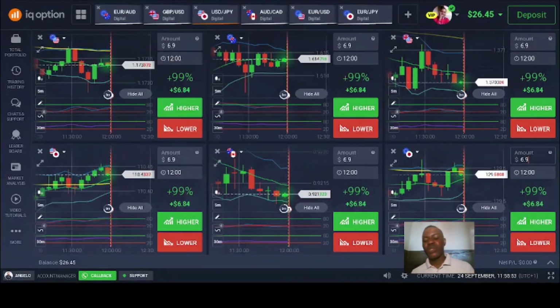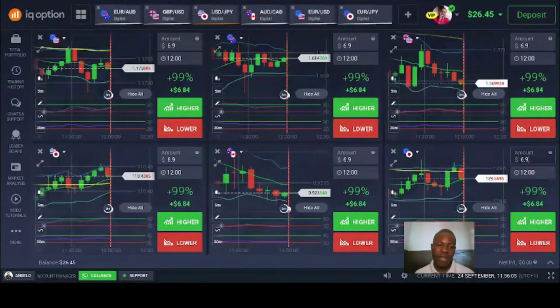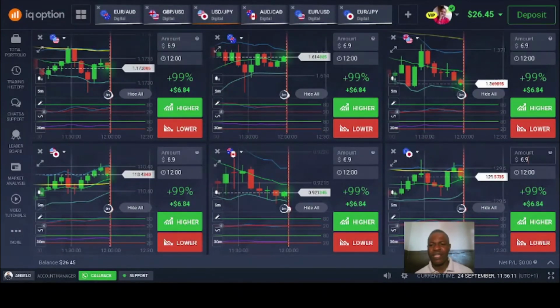Another thing we need to know is that nobody, no matter how perfect you are, cannot lose a trade. That is why many people lose their money. When they lose a trade, they want to fight back as if it's a bad thing to lose a trade. It is not bad.